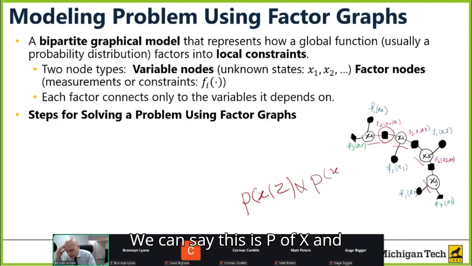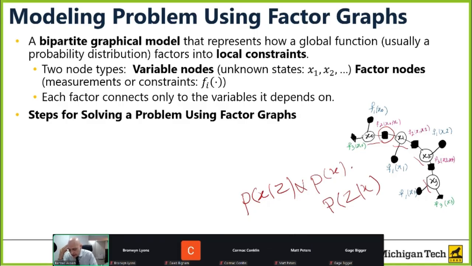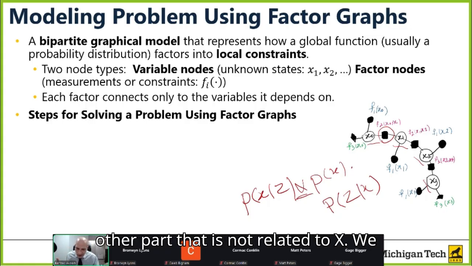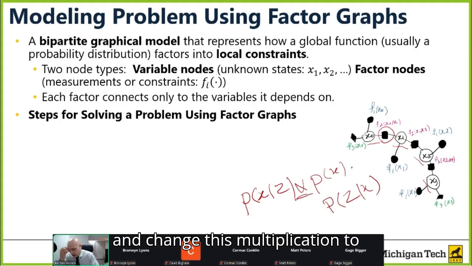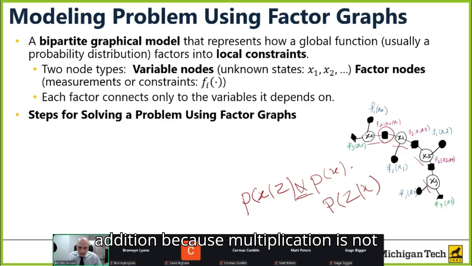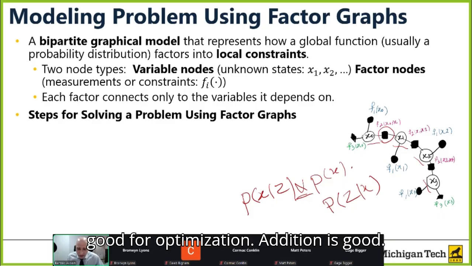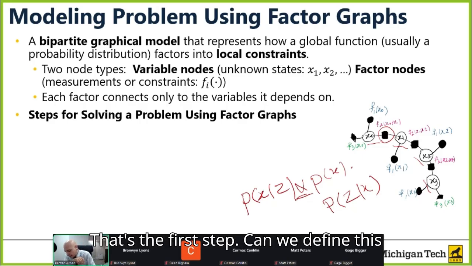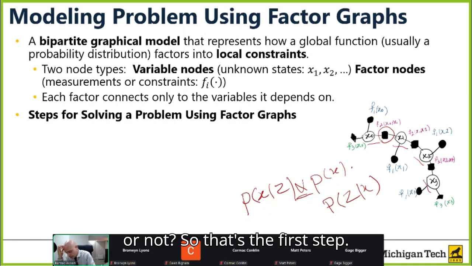We can say this is P of X and P of Z given X, and this is a proportion. Remember, this is a proportion because we eliminated the other part that is not related to X. We don't care about it because it's going to go to maximization and then change to minimization with log and minus log, and change this multiplication to addition, because multiplication is not good for optimization. Addition is good. And we're going to go for that.